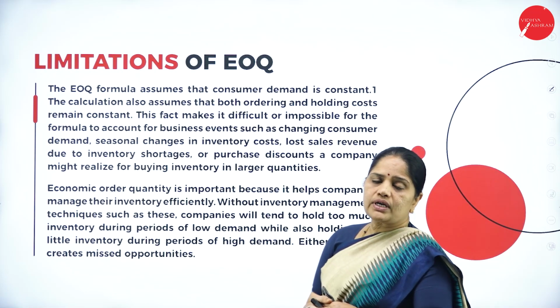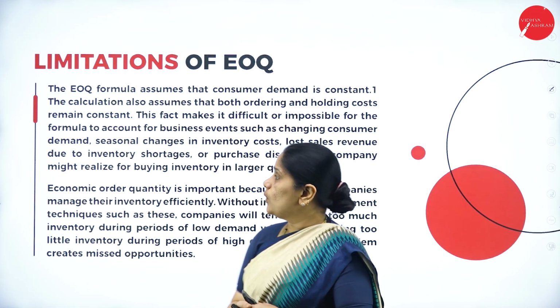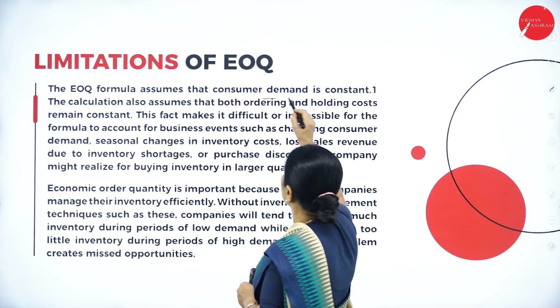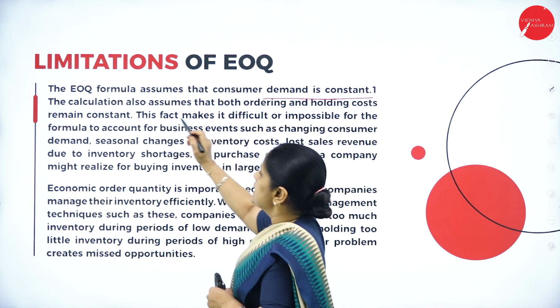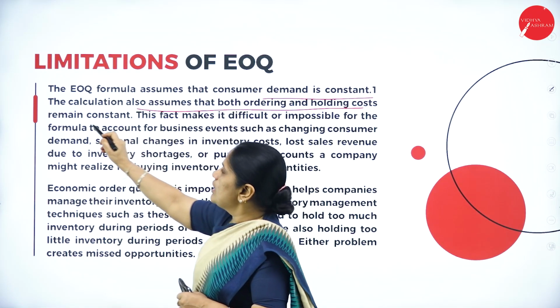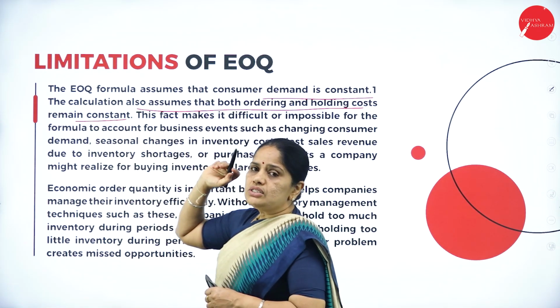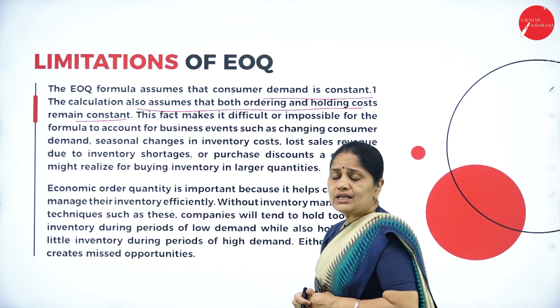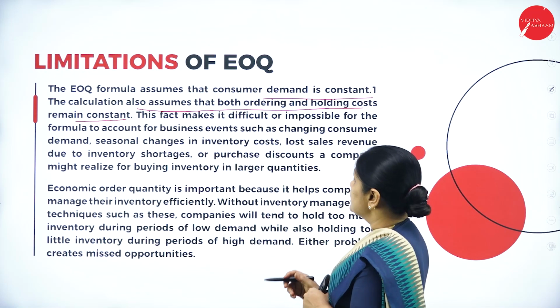So let us see what are the limitations of the EOQ. It assumes that the consumer demand is constant. The calculation also assumes that both ordering and holding cost remain constant. So it says that both ordering cost and the holding cost remain constant.